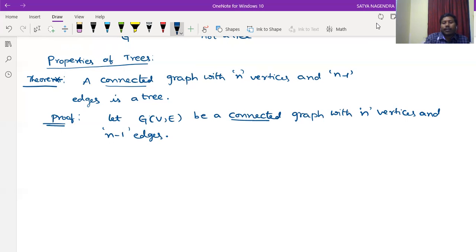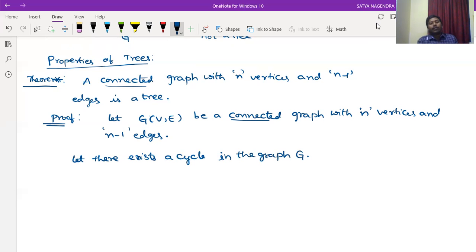So here I am assuming, let there exist a cycle in the graph G. Let there exist a cycle in the graph G. Here in the graph G = (V, E), the cardinality of V is n and the cardinality of E is n minus 1.